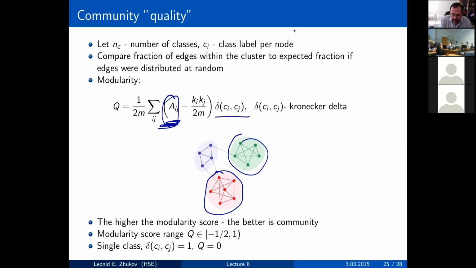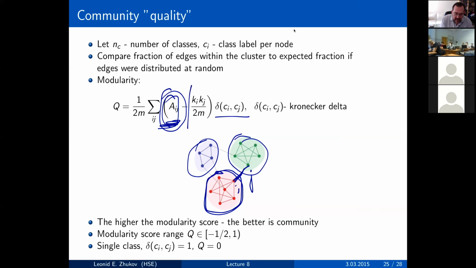But the Kronecker delta makes sure that we're adding up only those that belong to the same cluster. So if an edge connects two different clusters, say this is node i, and this is node j, the Kronecker delta will be 0, and so this edge will not be taken into account. So this part of the sum is just adding up the number of edges within clusters.